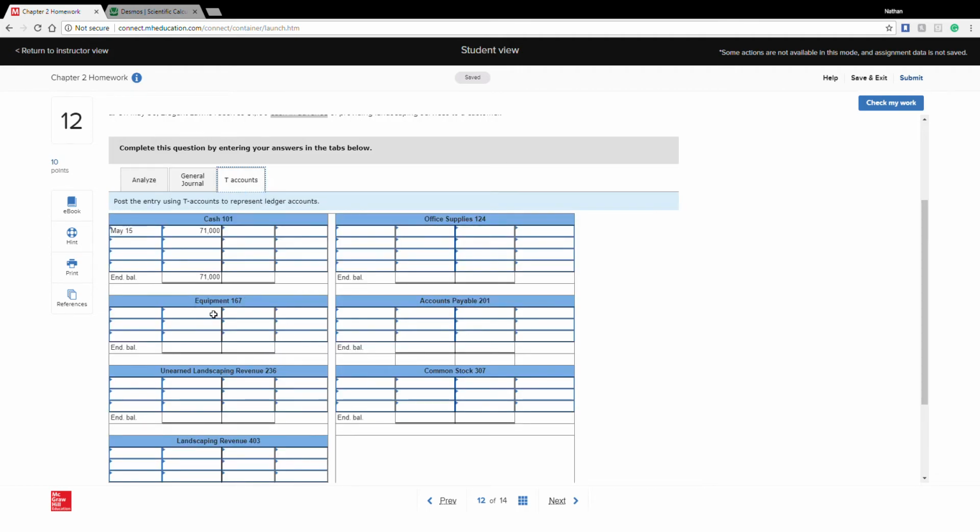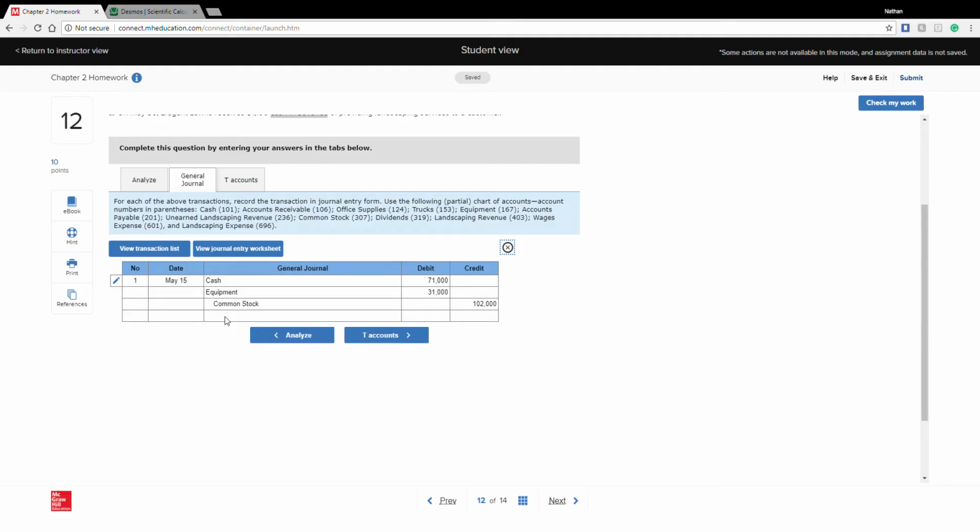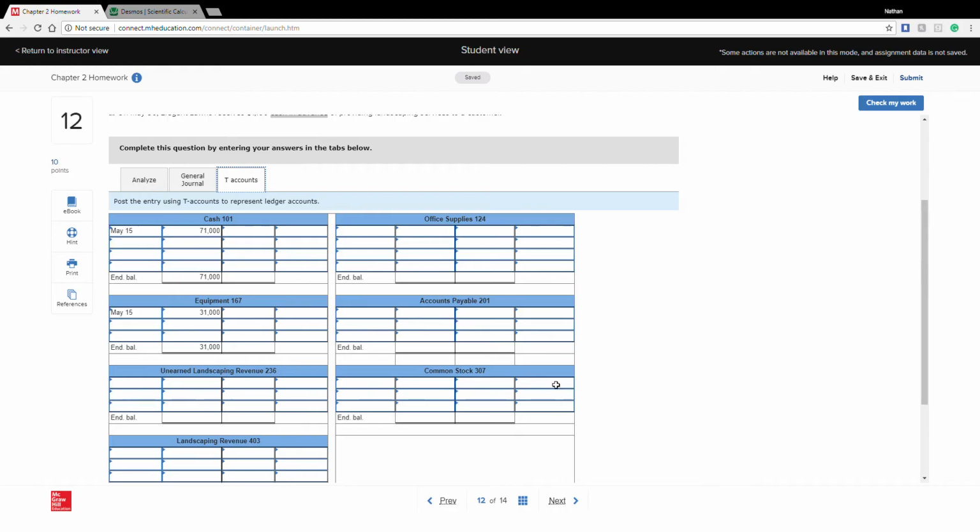So here's equipment. It was a debit in that transaction. Put 31,000. Go back, see if I have another one. Common stock of 102,000.